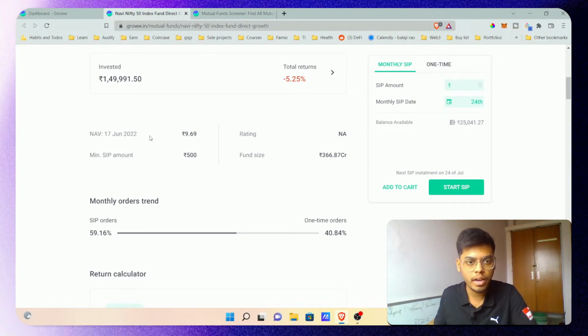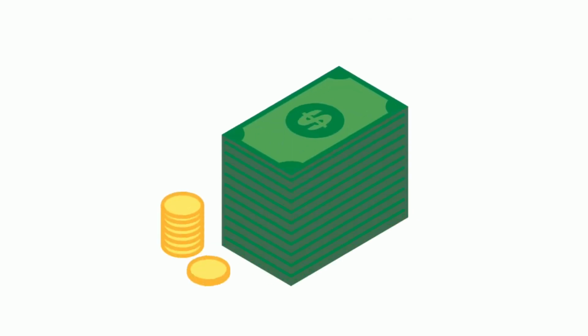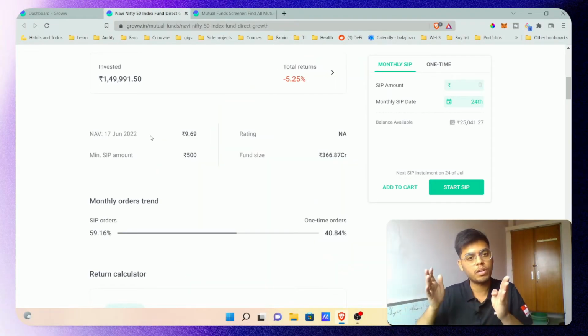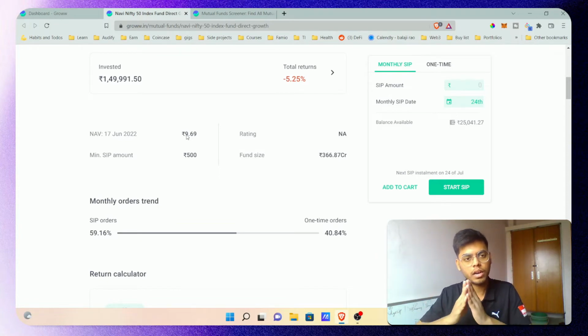Whenever a mutual fund starts a new fund offering, which is known as NFO, this is very similar to an IPO for stocks. A similar sort of launch mechanism for mutual funds is the NFO. When a mutual fund does a new fund offering, the NAV starts from 10 rupees. If you buy at the NFO, you will get 1 unit for 10 rupees.